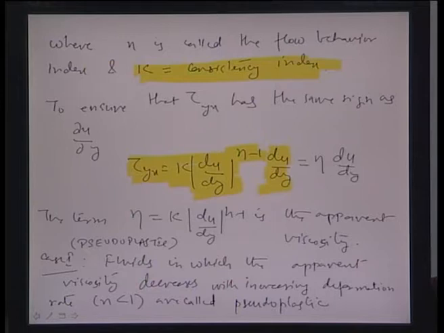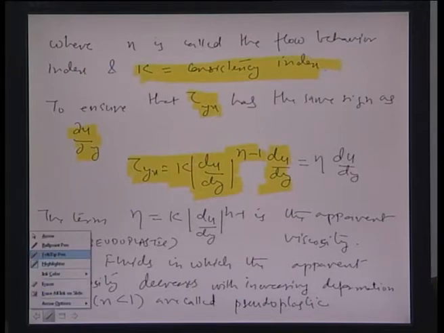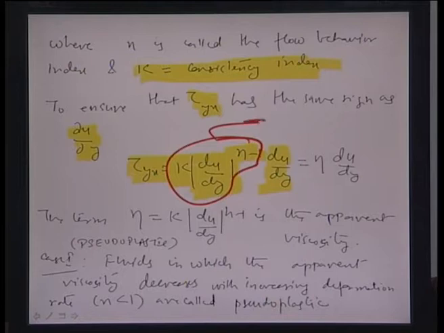Okay, this ensures that the tau has the same sign as du by dx, and essentially this k times of mod du by dy to the power of n minus 1 can be represented as the viscosity mu or eta, whatever you may call it.